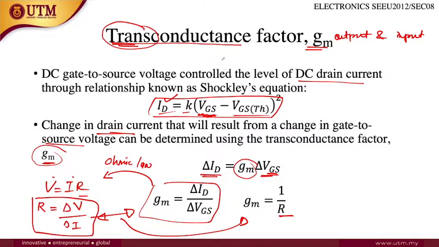The root word conductance is used because GM is determined by a voltage to current ratio, which is similar to the ratio used for a resistor. That's why the word is transconductance. This is just extra knowledge for you.